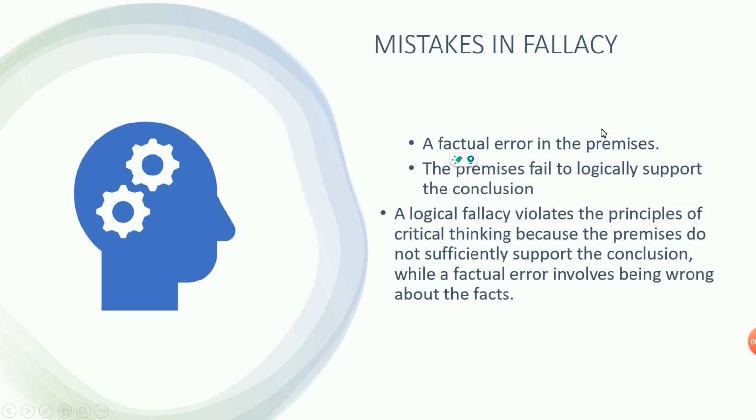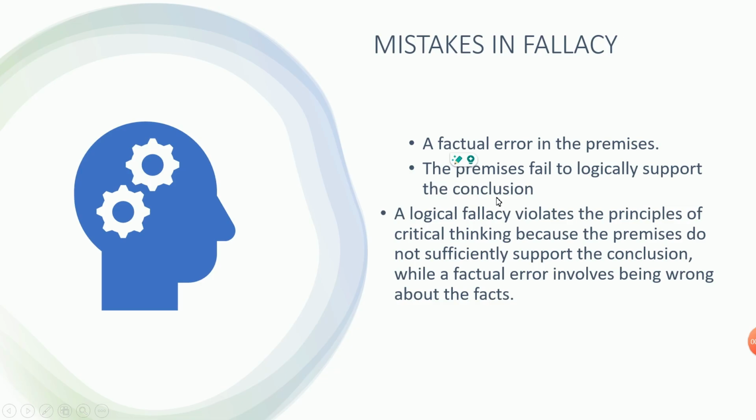For example, when a movie collection is going on, there might be some amount, but they might extrapolate that amount and publish it to the media in a large manner. There the actual fact might be distorted. That is the factual error in the premises.